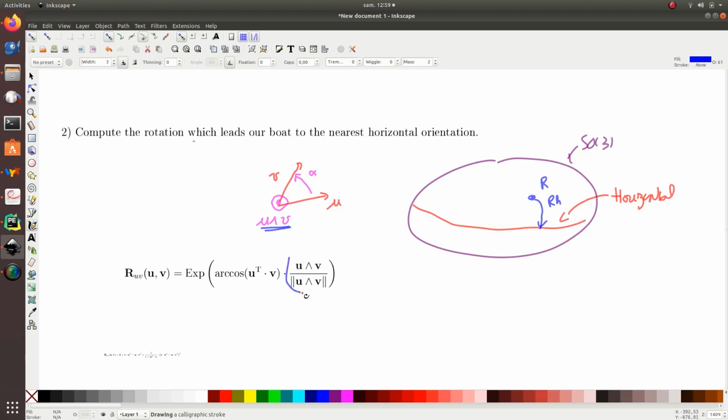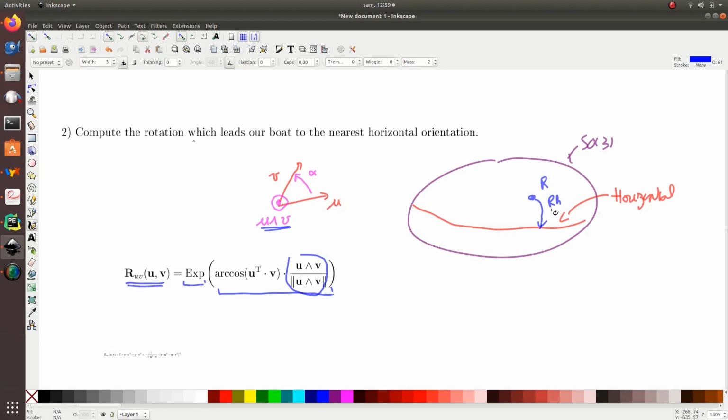So this is a unit vector, and I have to turn with respect to the arccos of the scalar product between u and v. Then, using the Rodrigues formula, I take the exponential, and it will provide me the shortest rotation, which will transform u into v.